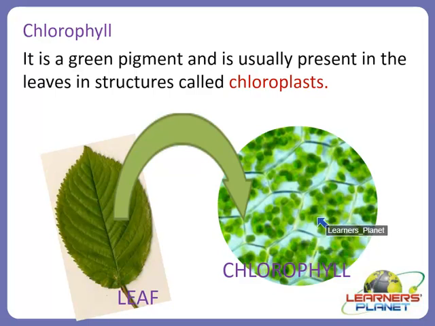You can see how fine a structure it is. Photosynthesis actually occurs inside these special organelles called chloroplasts. This organelle is found in all the green plants and is mainly located in the leaves. Hence, we can say that photosynthesis takes place mainly in the leaves.